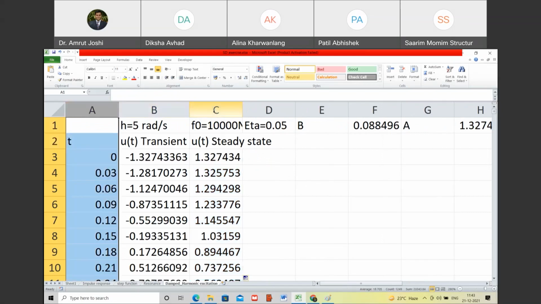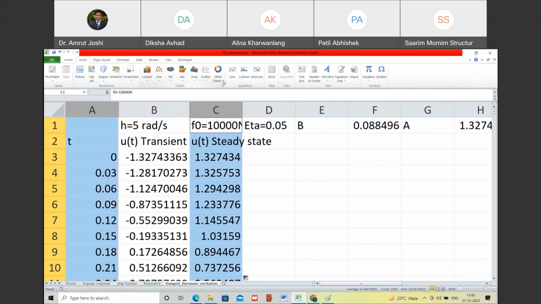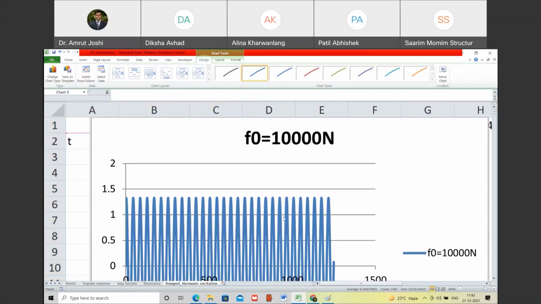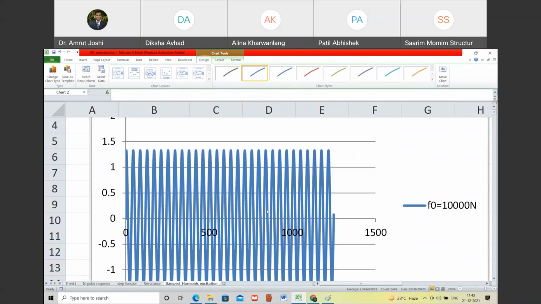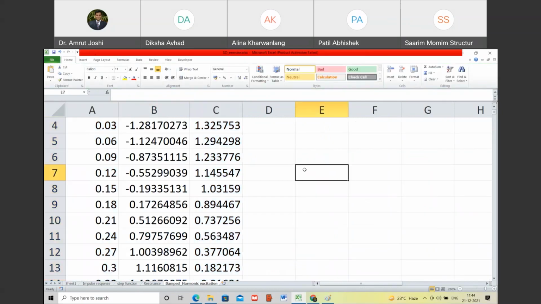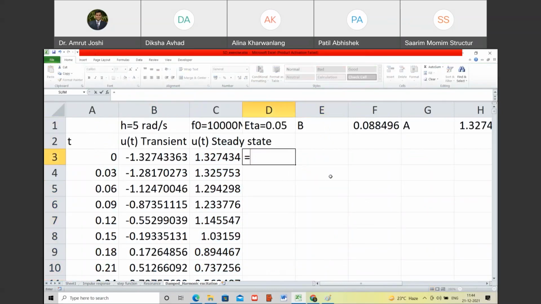So if I plot this, it fluctuates between plus minus alpha. This component is the steady state component on which we are now going to mount the transient component. So what is the total response?